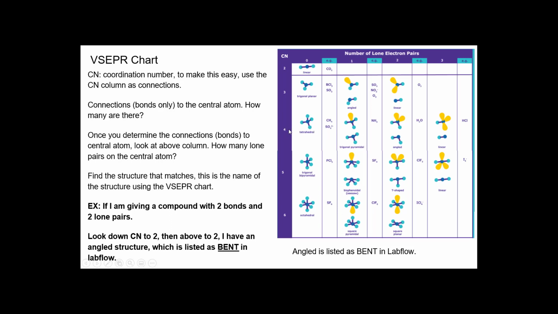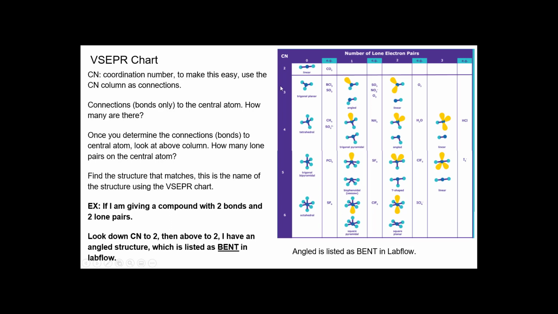Sorry, I'm messing this up, I apologize. In this one I have 4 connections. Let's put it as connections, I think that's easier. 4 connections, but I have 2 lone pairs. This is 1, 2, 3, 4: 4 connections overall, but 2 lone pairs. This tells me I am angled. Angled in lab flow means bent. Water is bent. So this is how you do it.